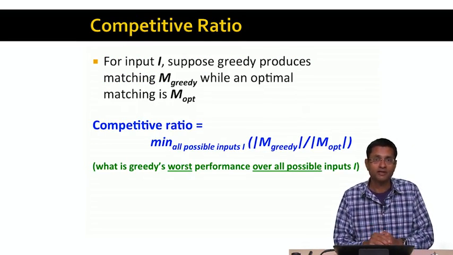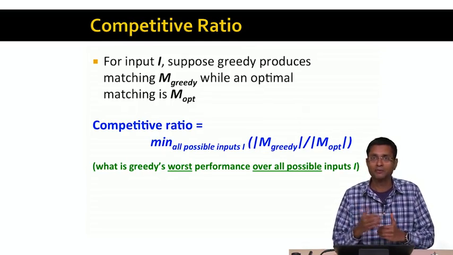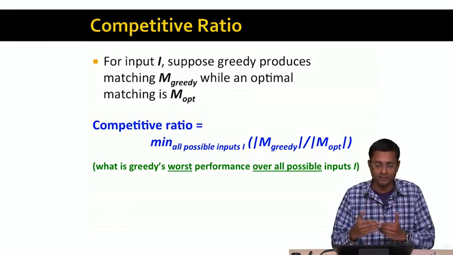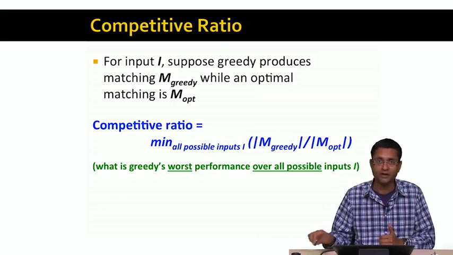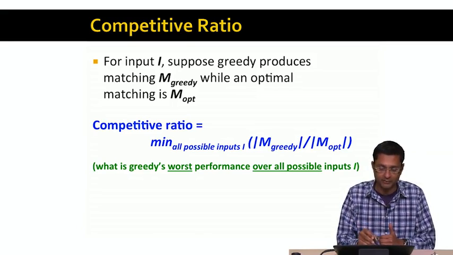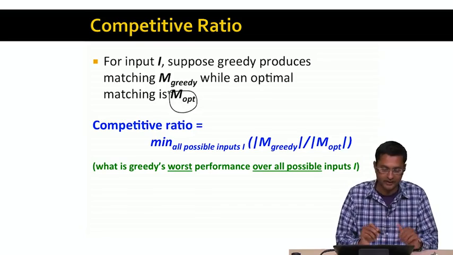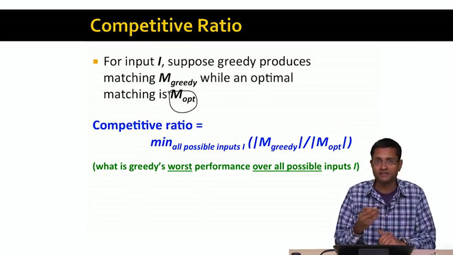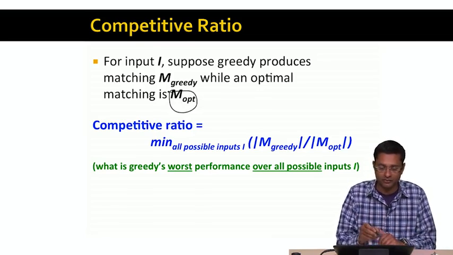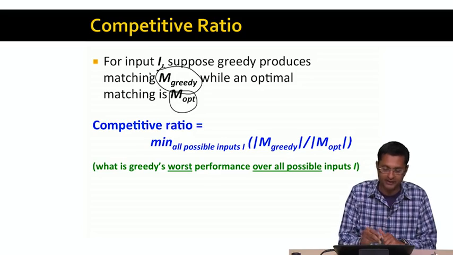So to define this formally, suppose we have an input I. Remember, the offline algorithm sees the whole input I, and it can make an optimal choice, in this case, an optimal matching, and let's say that optimal matching is M optimal. Whereas the greedy algorithm sees only one input at a time, and so it ends up picking a matching that's M greedy.